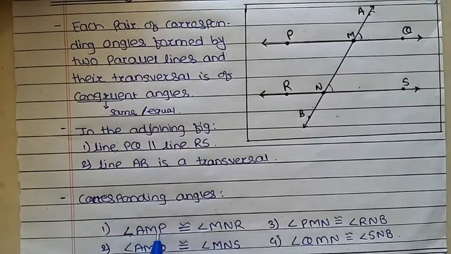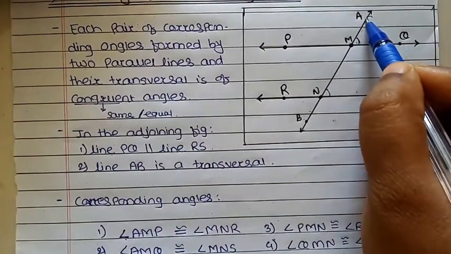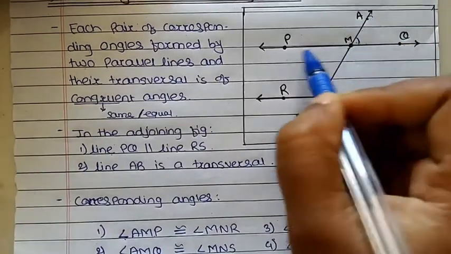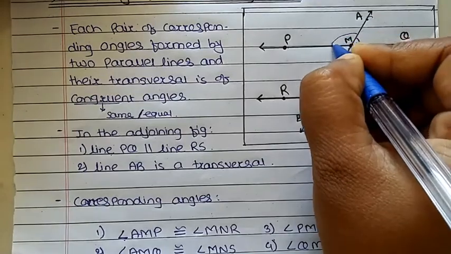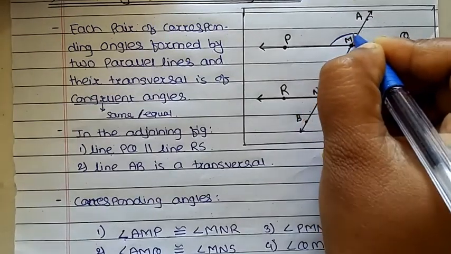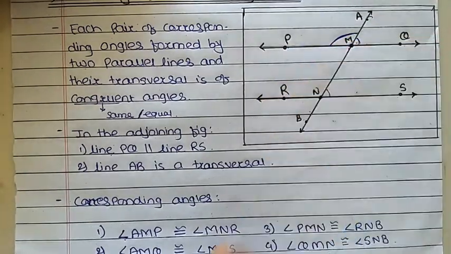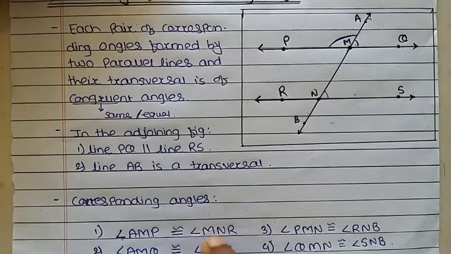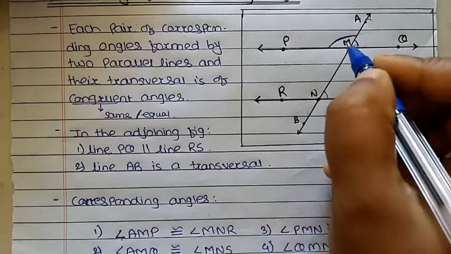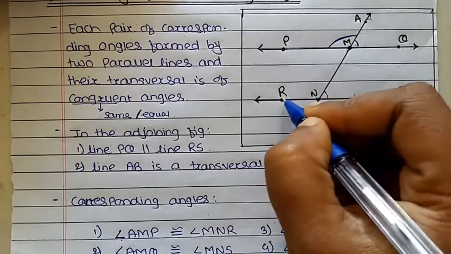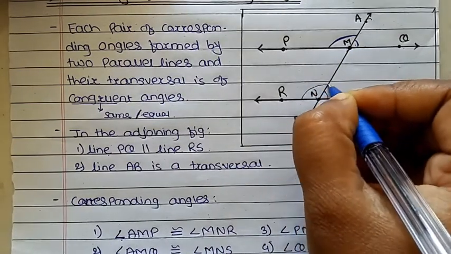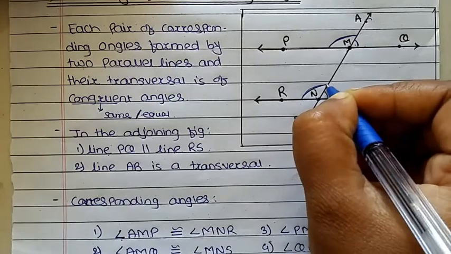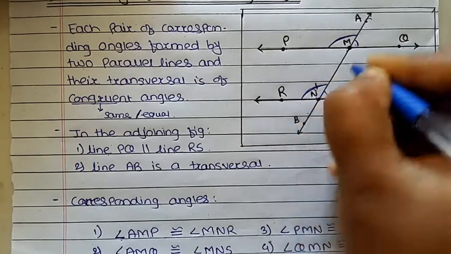Angle AMP, this angle, is equal to angle MNR. That means this angle is equal to this angle.